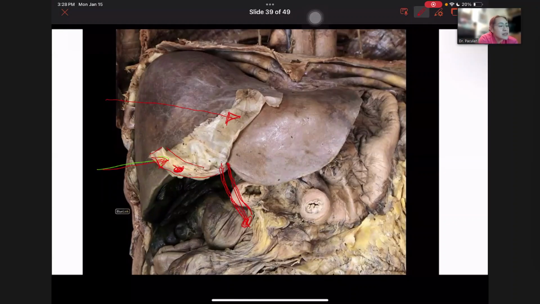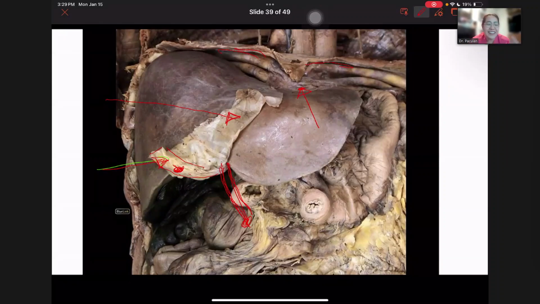What about this one? This one, up here. It connects to the diaphragm, right? So the coronary ligament. Correct, that's your coronary ligament.